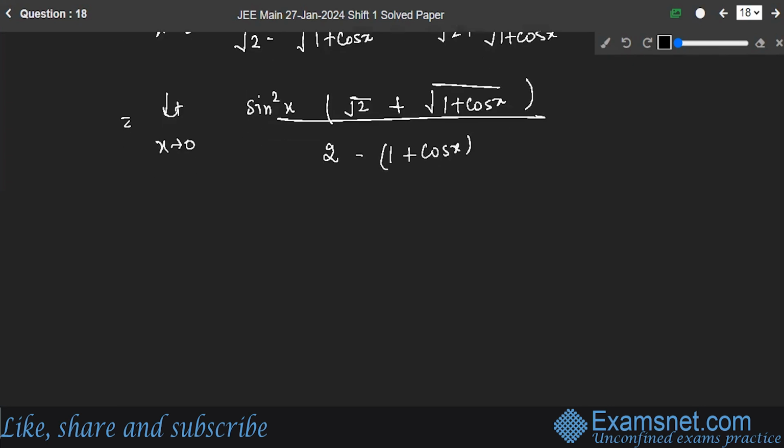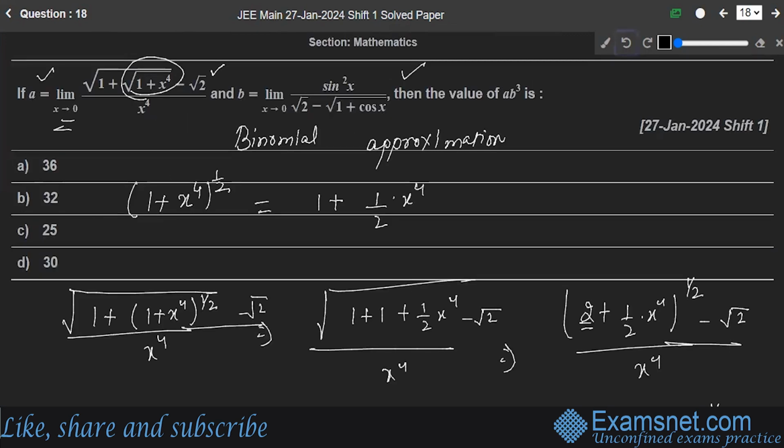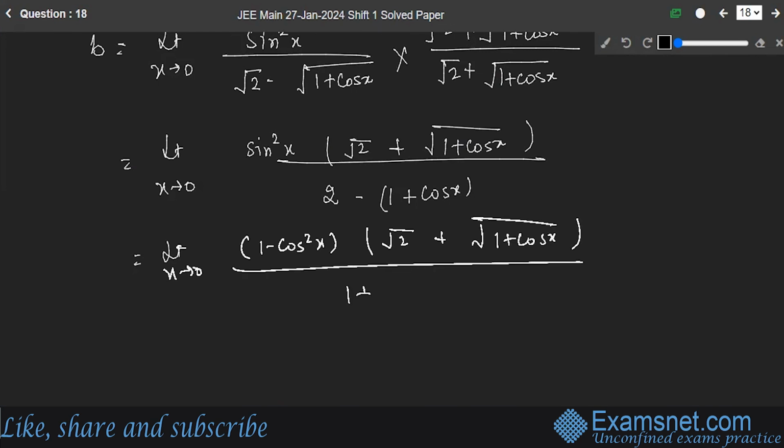Okay, so this will be given by limit x approaching 0 of sine square x, and I'll open up the sine square x. I don't find anything else I can do except this. Limit x approaching 0. Now this will be 1 minus cos square x, root 2, 1 plus cos x over here. So this will be 1 plus cos x. So this one open, it will be 1 minus cos square x is this, right?